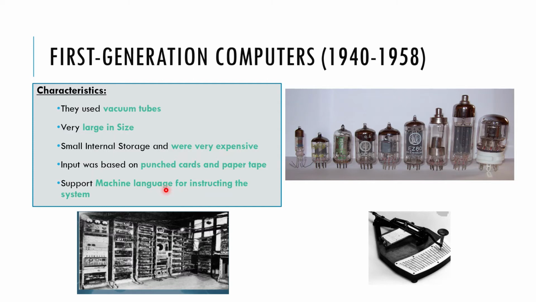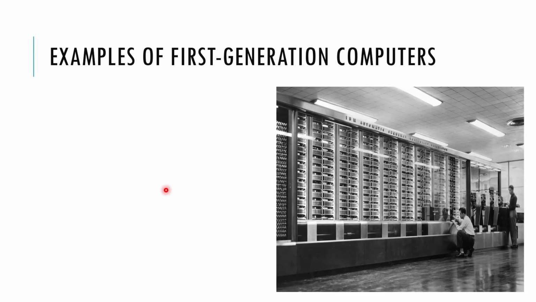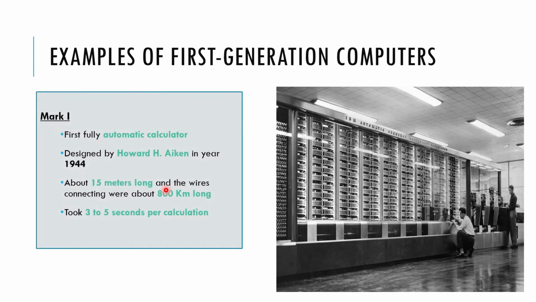Now, let us take a look at some of the examples of first generation computers. And the first one in this category is Mark 1. Mark 1 was designed by Howard H. Aiken in the year 1944. This is the picture of Mark 1. You can see it is quite big, occupying almost the size of a room.